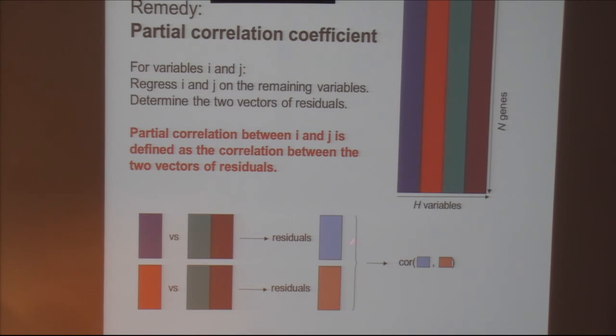Here we have it in the same color code. We first take one variable, say the blue one, and regress it with respect to, say, the green and the brownish one here, regressing on the remaining variables. We also regress, say, the red one, if we want to determine the relationship between blue and red, on the remaining set of variables.